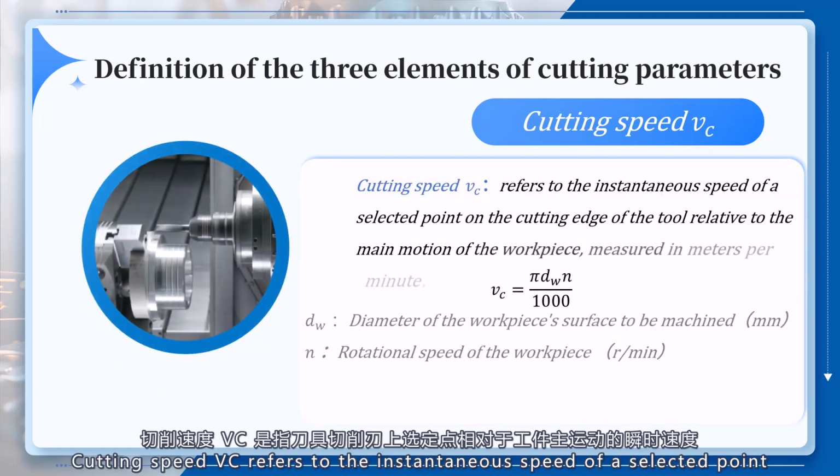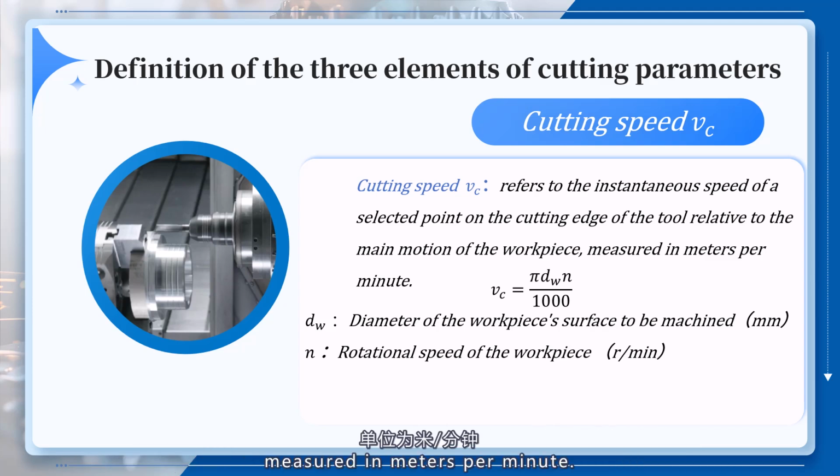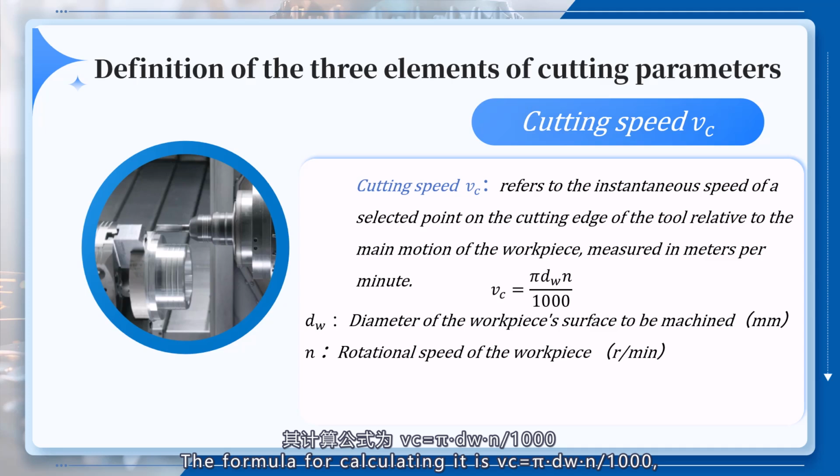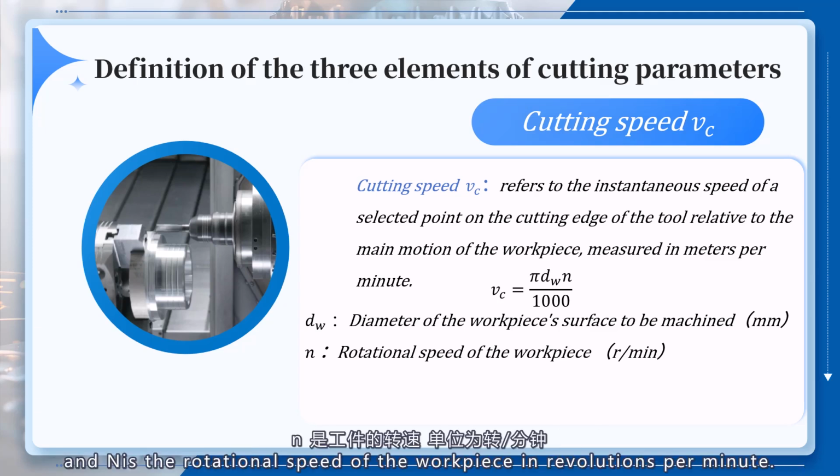Cutting speed Vc refers to the instantaneous speed of a selected point on the cutting edge of the tool relative to the main motion of the workpiece, measured in meters per minute. The formula for calculating it is Vc equals pi dW n divided by 1000, where dW is the diameter of the workpiece surface to be machined in mm, and n is the rotational speed of the workpiece in revolutions per minute.